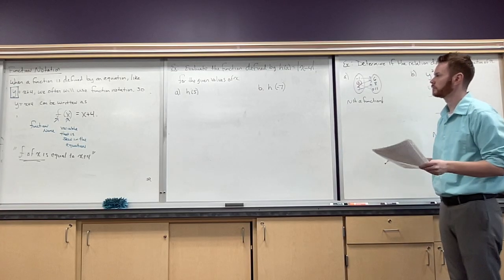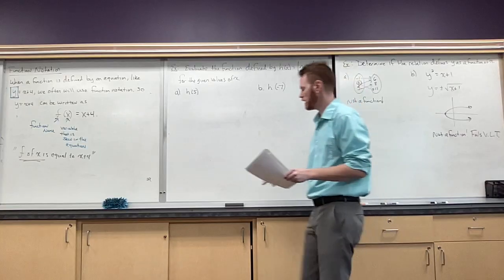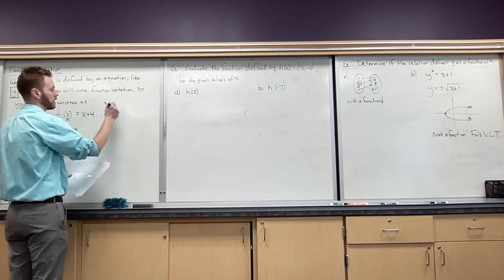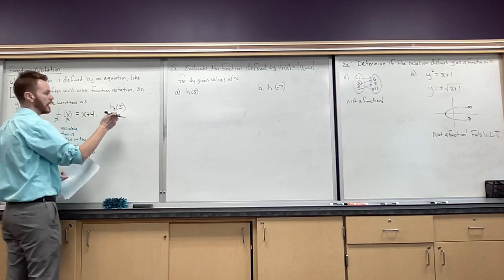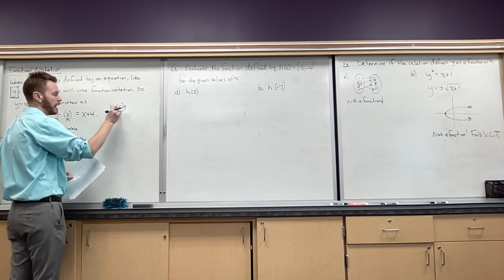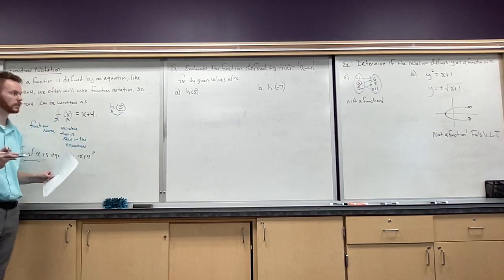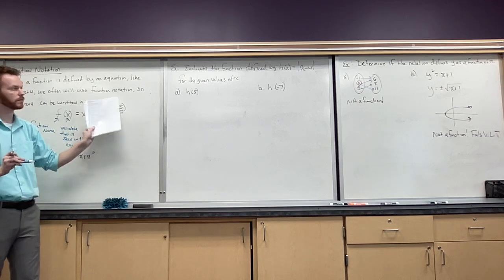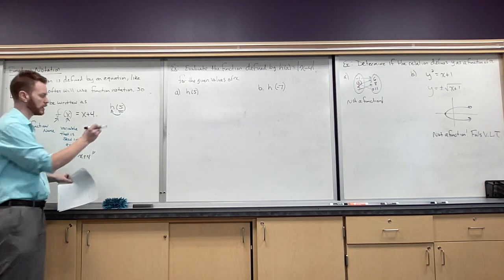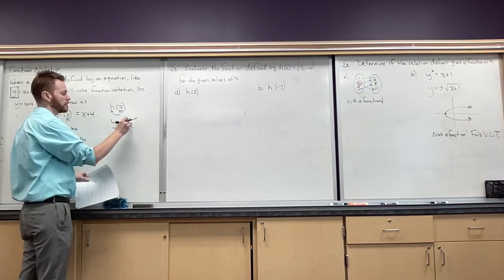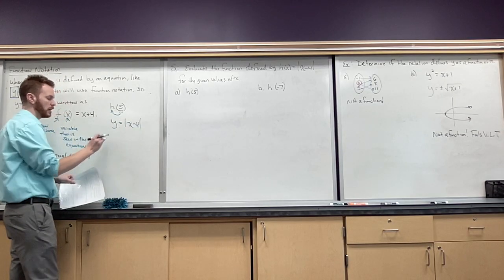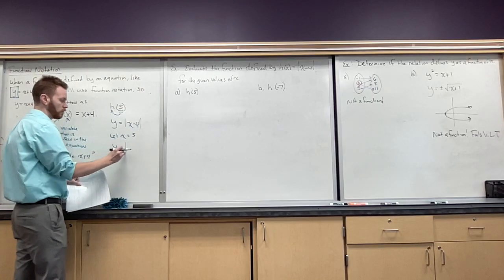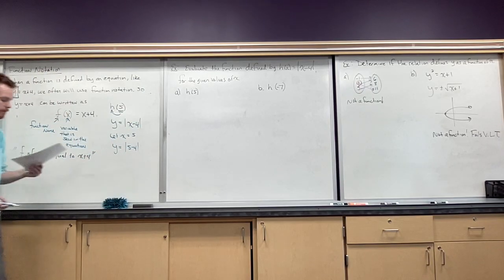Now again, just in case you need a refresher, I'll put it on this board here. So if you look at the first one, h of 5, that's telling me that 5 has to get plugged into h, right? So h has the variable x, so you're plugging 5 in for x in this equation. It's like if this was y equals absolute value of x minus 4, and I say let x be 5, you would do y equals 5 minus 4 in the absolute value.